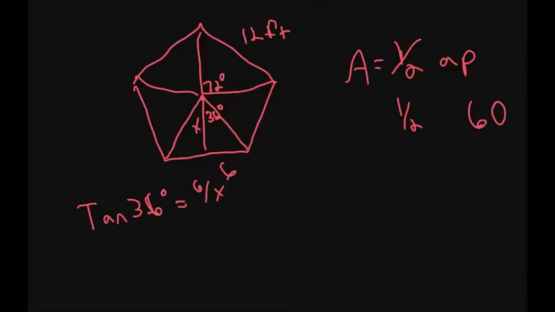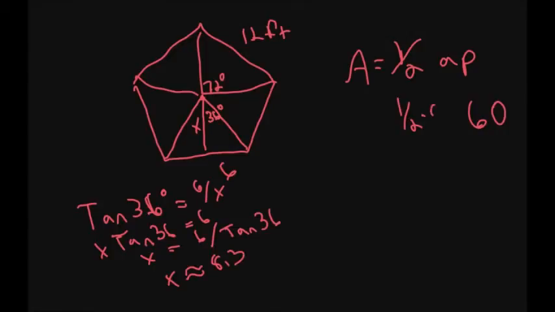So times by x, you get x tangent 36 equals 6. So divide by the tangent of 36, so x would equal 6 divided by the tangent of 36. Type that into your calculator. 6 divided by tangent of 36. And you're going to get about, we'll just round it to 8 3/10.